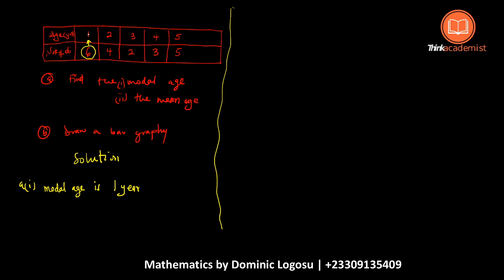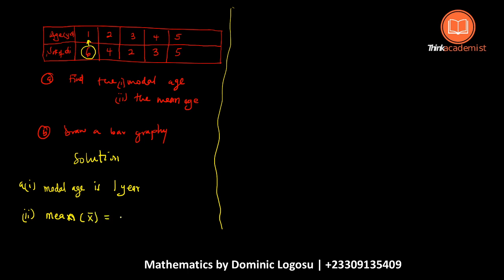Now let's find the mean. To solve for the mean of grouped data, what do I mean by grouped data? It is data that we've gathered, and we've done a tally and all that, so it's not raw. To find the mean, we have to use the formula. The symbol for the mean is x with a bar on top.